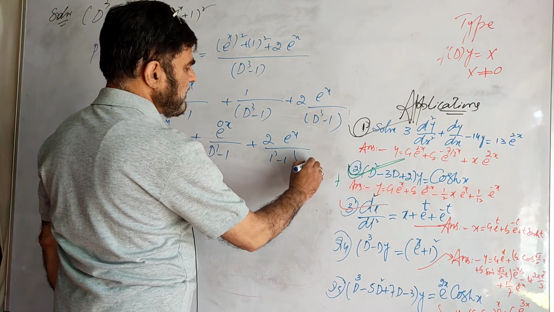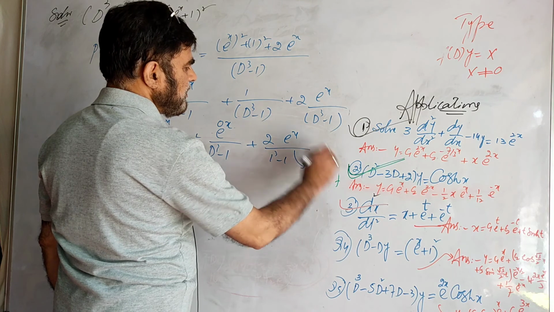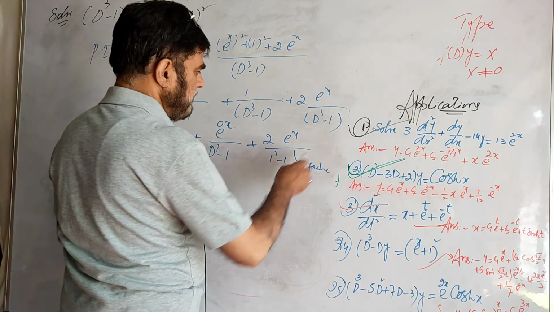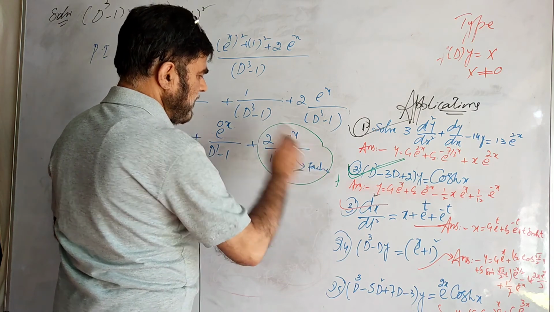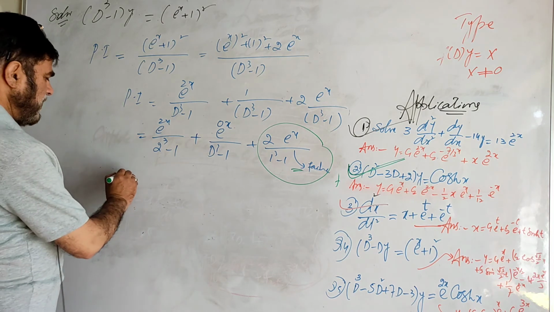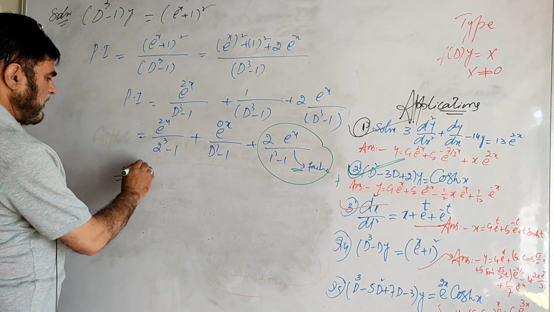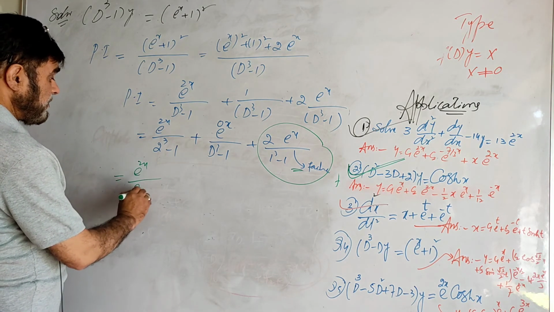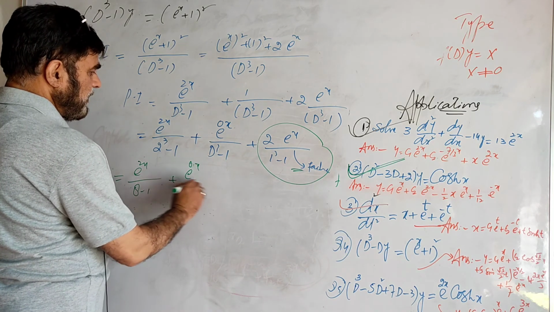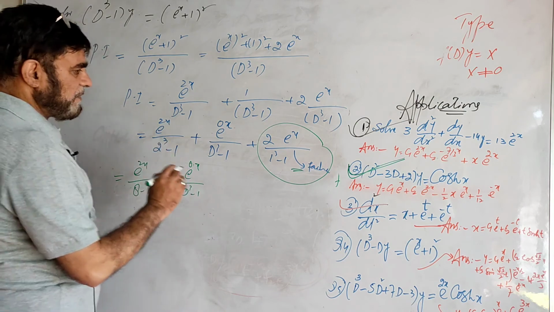Note it is failure case. Third part is a failure case. What I do for this failure case, I will just apply differentiation. Well, it is e raised power 2x, it is 8 minus 1, it is plus e raised power 0x, this is 0 cube minus 1, it is also defined.